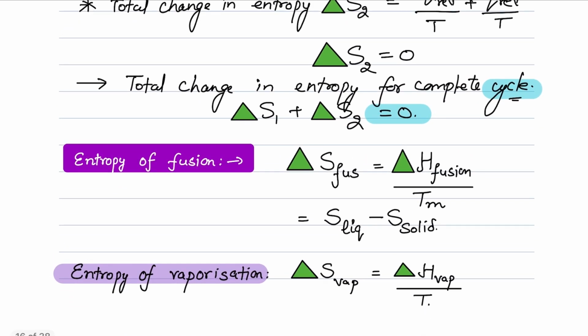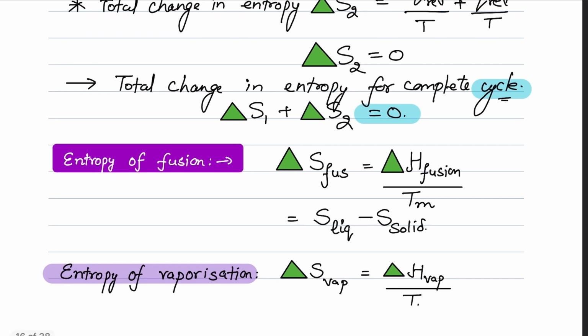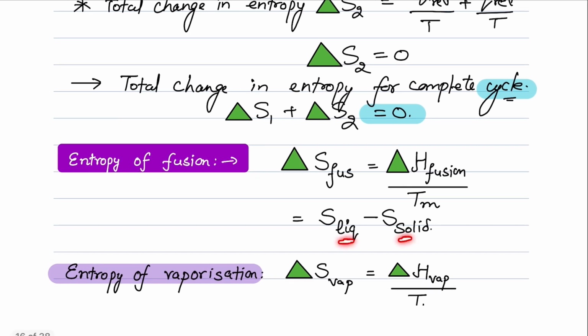Next, there are few definitions. The first one is the entropy of fusion. This can be written as delta H of fusion by melting point, that is entropy of liquid minus entropy of solid. Then is the entropy of vaporization, that is delta H vaporization by T, temperature.